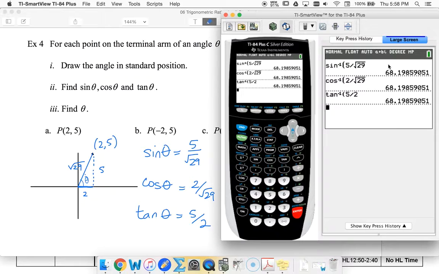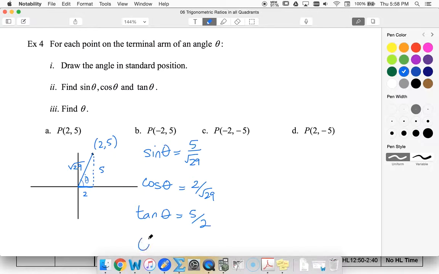And all of them give me the same angle. So in degrees, 68.2. Of course, I could also find it in radians, and it's going to be something less than pi over 2, so something less than 1.7 or so. So 68.2 degrees would be my theta value.